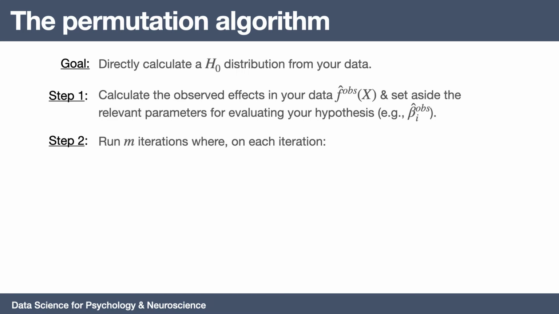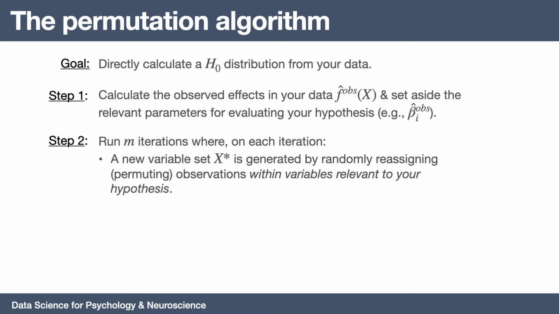Then you run m many iterations, where on each iteration you first create a new variable dataset, which we'll call x star, generated by randomly reassigning or permuting observations within variables relevant to your hypothesis. And I'll get to what I mean by within variables relevant to your hypothesis in a few slides. You calculate a new model, which we'll call f hat star, that's calculated from x star.